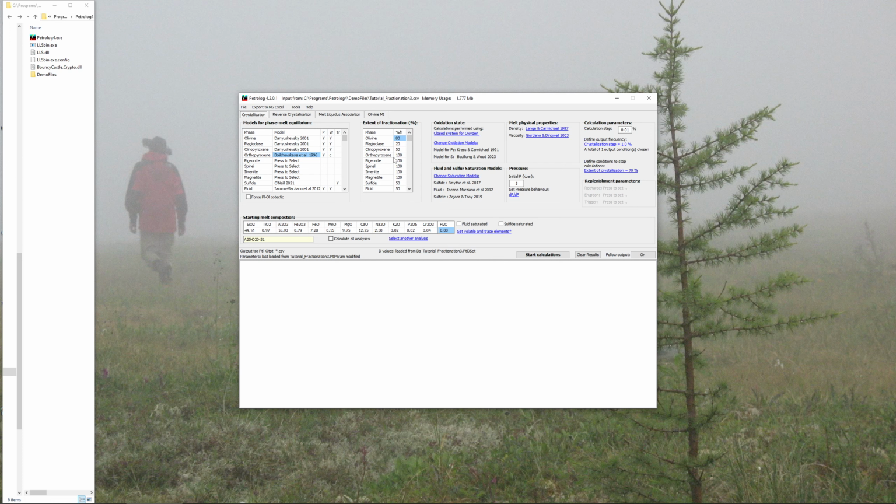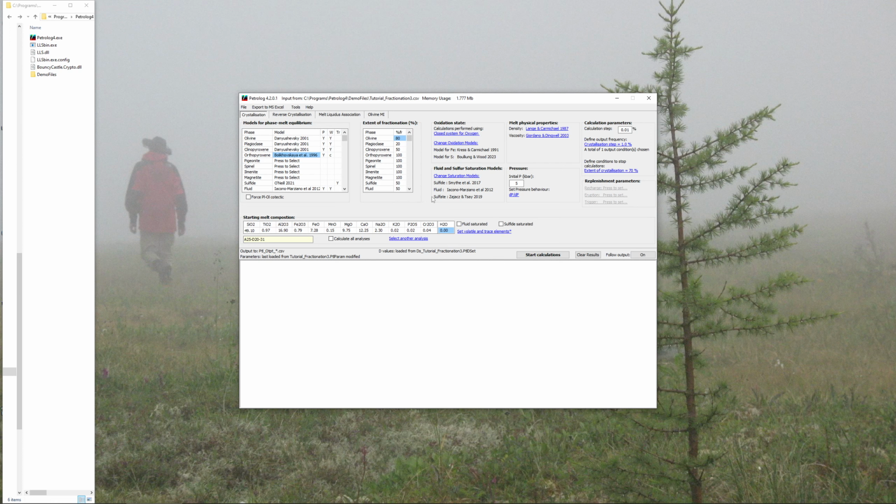As you note, orthopyroxene is fractionating 100%, nothing is left in the magma if it is forming, and I just note that these are just the numbers I've chosen for this example. They don't mean to indicate sensible numbers for modeling fractionation of this particular composition.